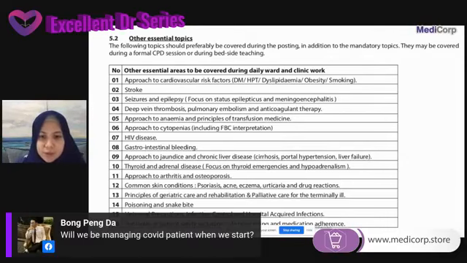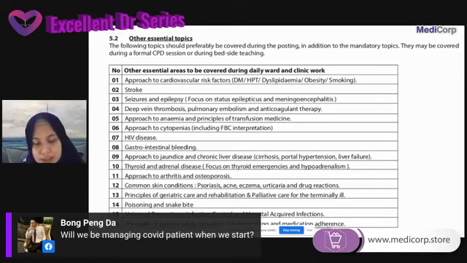Okay, will housemen be managing COVID patients when we start? Basically no, because COVID patients will be isolated in their own COVID ward or COVID ICU.